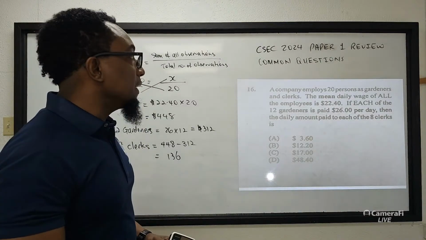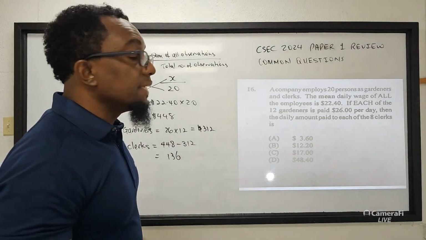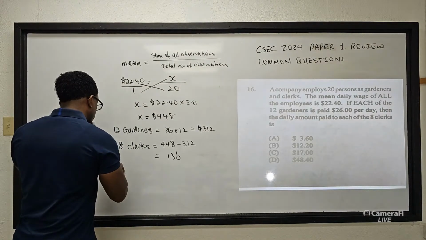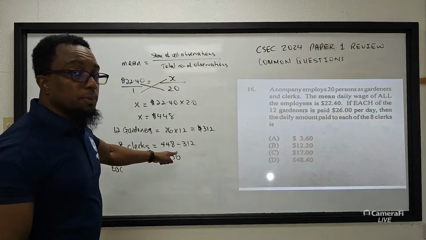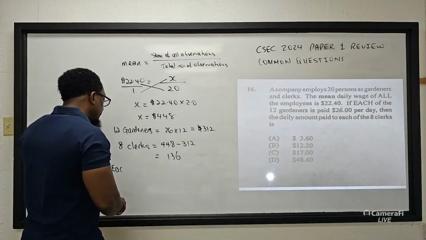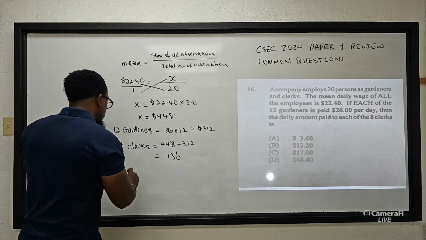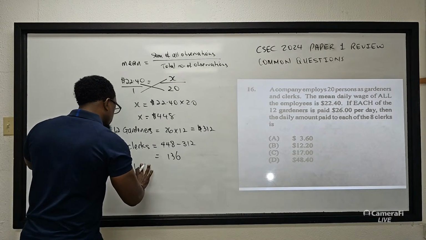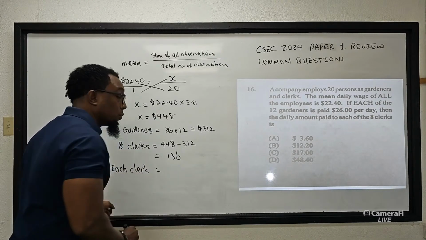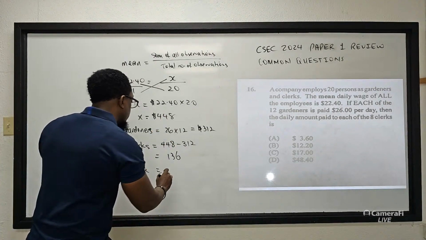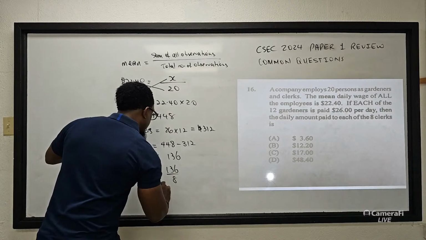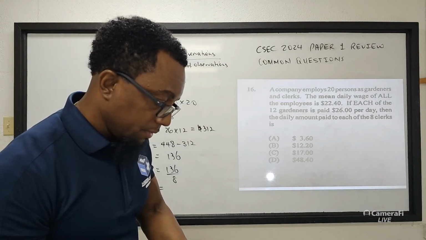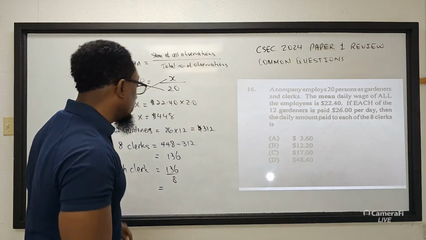So therefore the question asks, what is the amount paid to each of the 8 clerks? So we know that the 8 clerks will get this amount. Therefore one clerk will be to divide 136 by 8. And when we divide 136 by 8, we're going to get $17 each clerk will be paid.